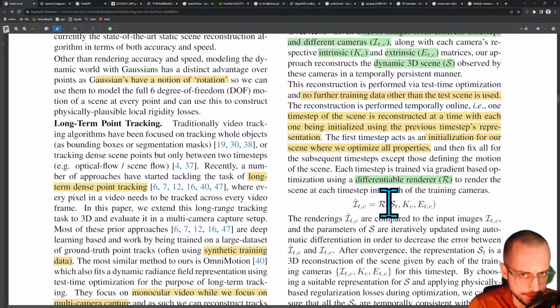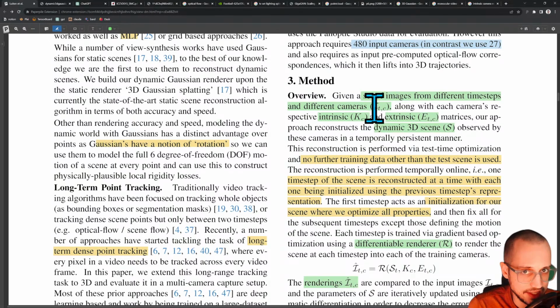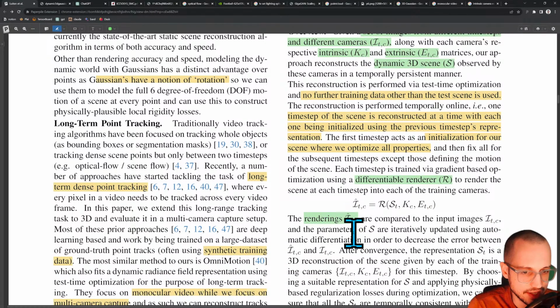Okay, so we have the rendering Î_t^c. So I_t^c is the actual image, Î_t^c is the reconstructed image, and the reconstructed image is going through this rendering function. The rendering function is taking in the dynamic scene S at some time step t.